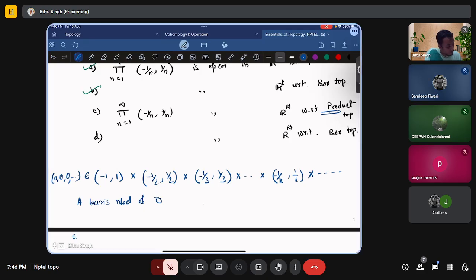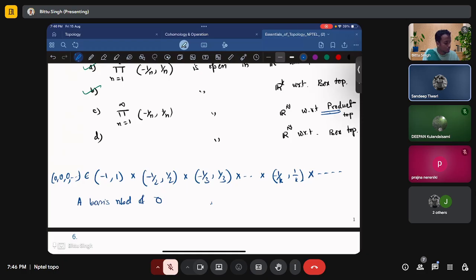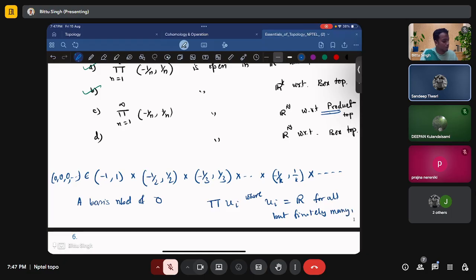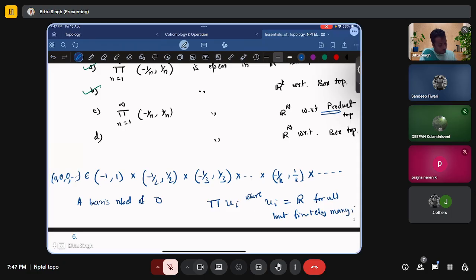It will be given by some open set U1 cross U2 up to Un cross R cross R and so on, where U_i is the whole set R for all but finitely many i. So a basis neighborhood of 0 will look like this.